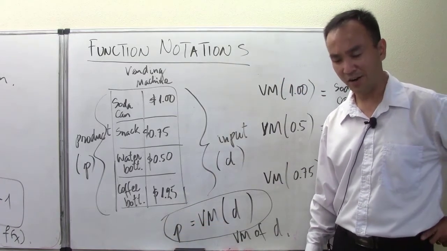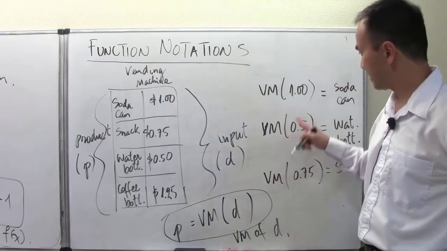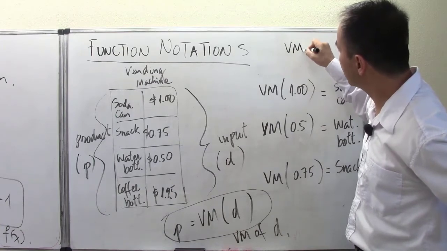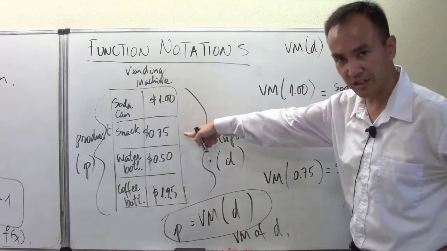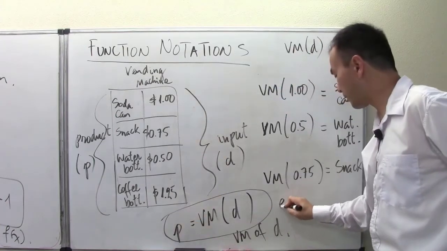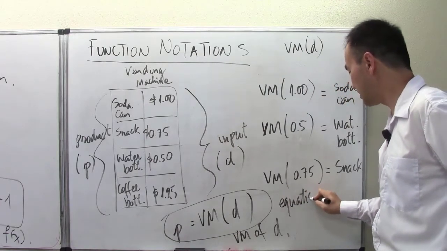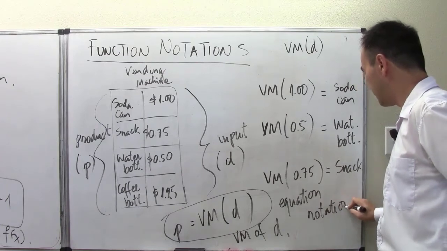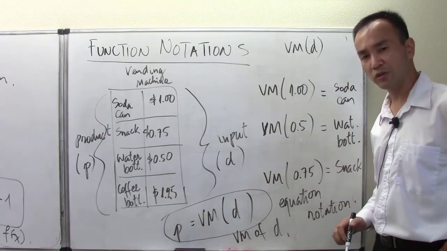Once again, this part right here, VM of D, is the standard. The rule is here, but then this is the equation notation of that symbol.